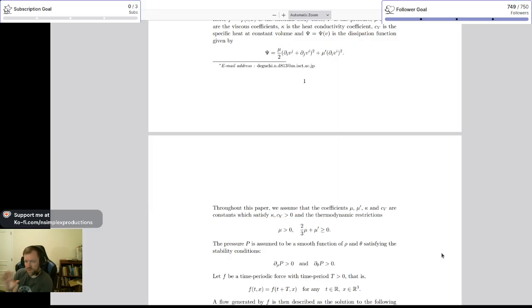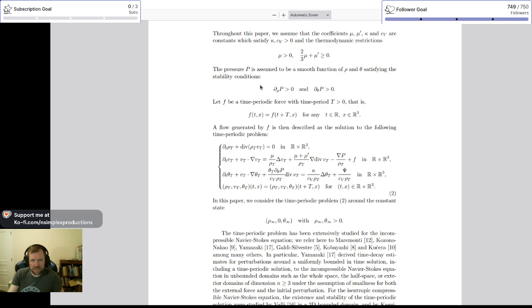It has to be a particular set of numbers. The pressure P is assumed to be a smooth function of rho and theta, satisfying the stability conditions: partial derivative of pressure with respect to density is greater than 0, and partial derivative of pressure with respect to temperature is also greater than 0.